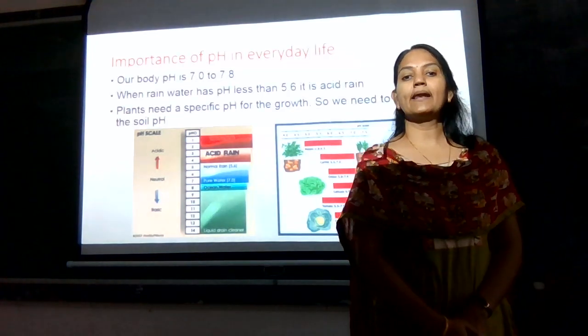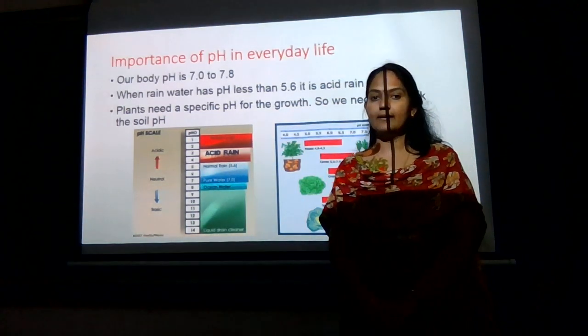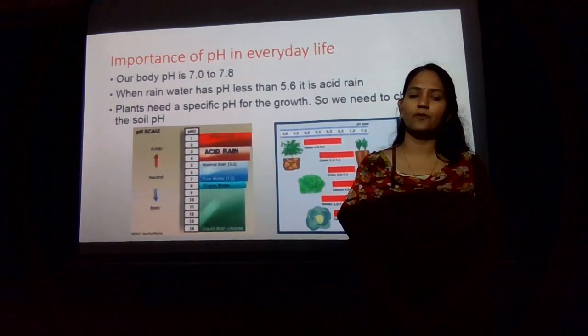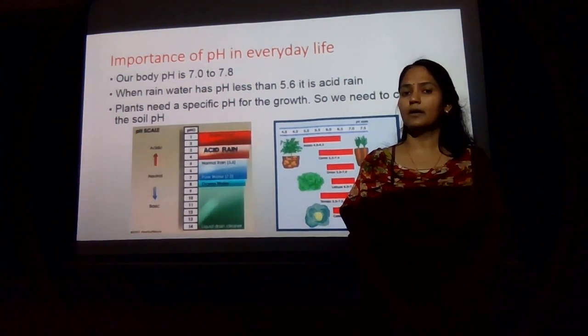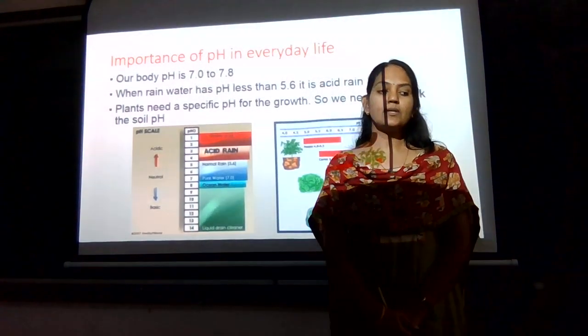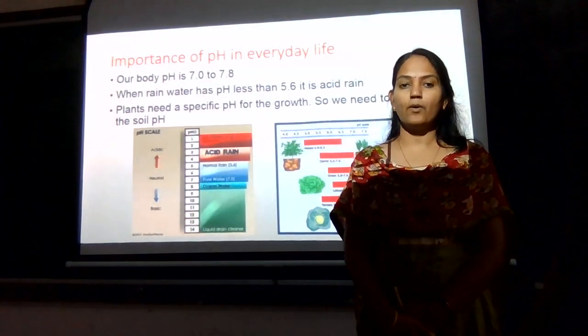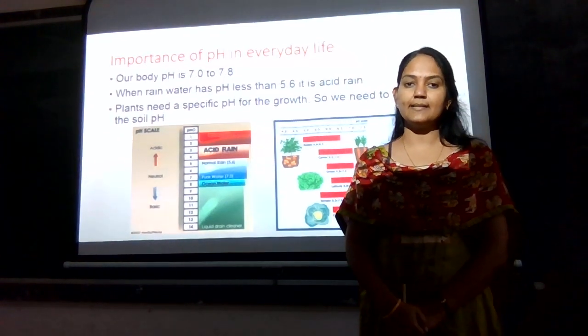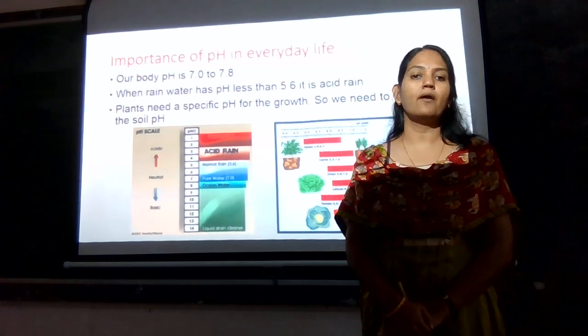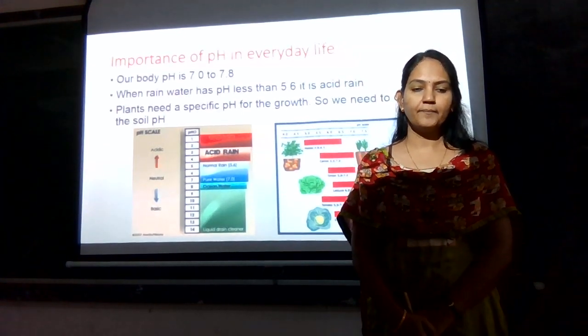pH is of great importance in our daily life. Let us see some examples for the importance of pH in our life. Our body pH is between 7 to 7.8, that means slightly basic nature. This pH should be maintained for our optimum health.